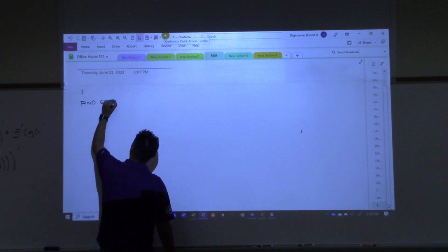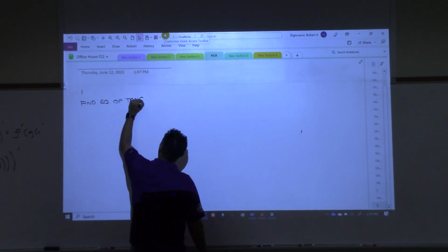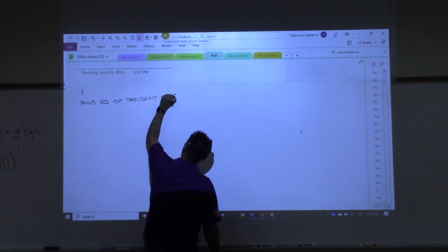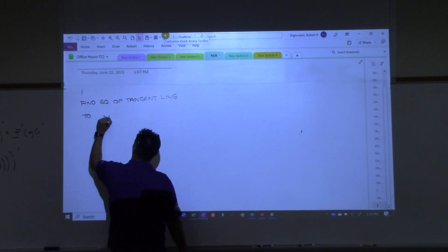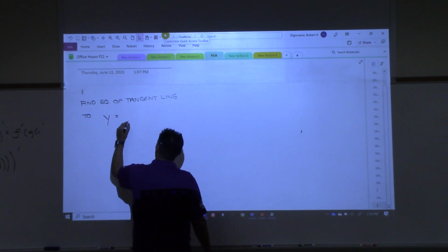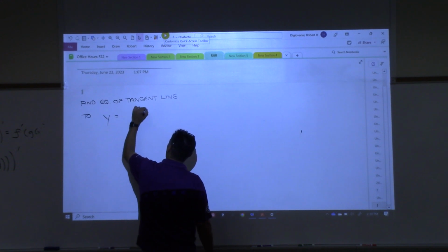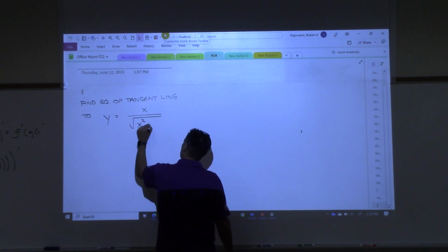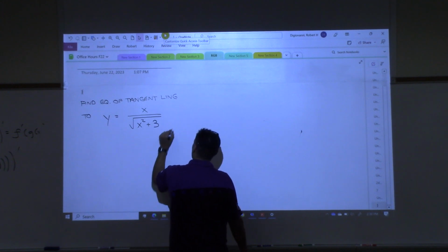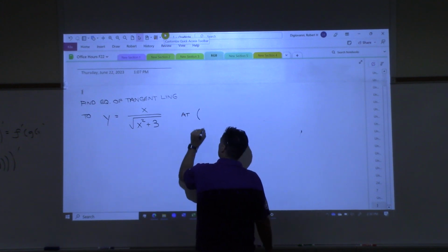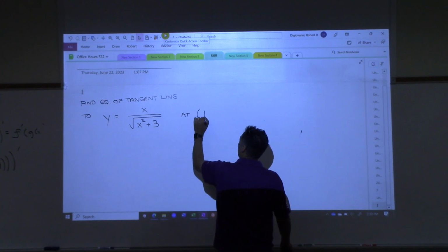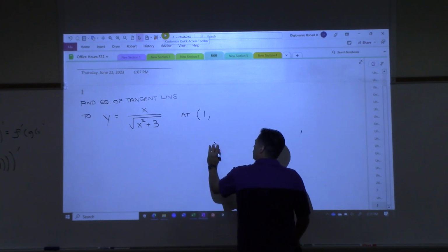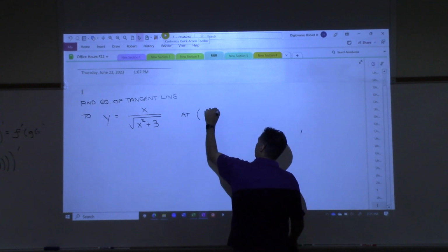Find the equation of the tangent line to y equals x over the square root of x squared plus 3 at the point 1, 1/2.